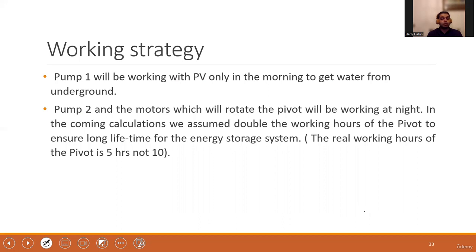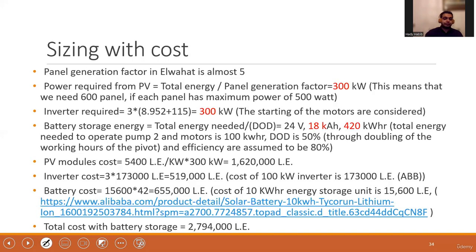Pump 2 and the motors, which are mainly used in the irrigation process, are going to work at night. So we achieve our target, which is irrigation at night, but we get the water from the underground in the morning. The real hours of working is 5 hours, but as I mentioned, we calculated for 10 in order to increase the lifetime of our batteries.